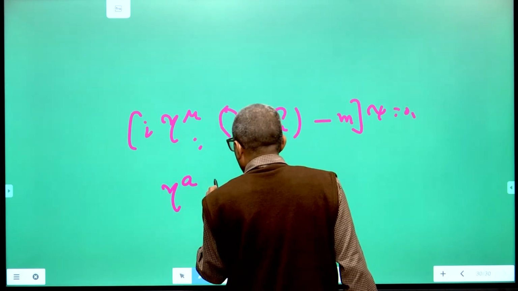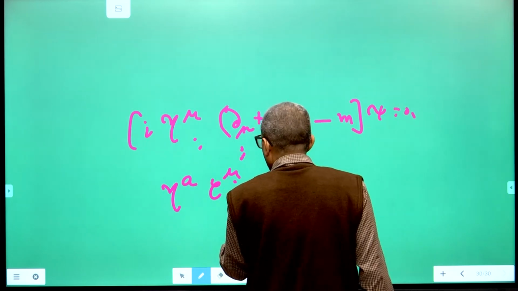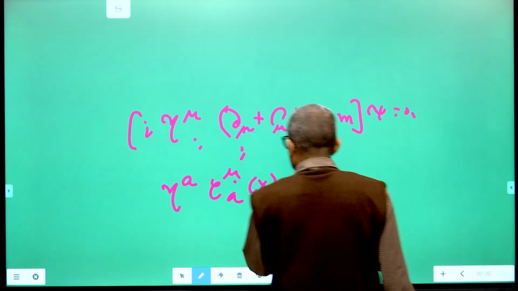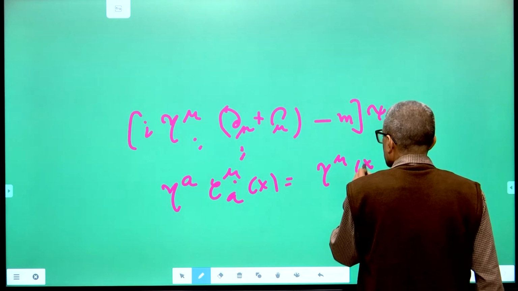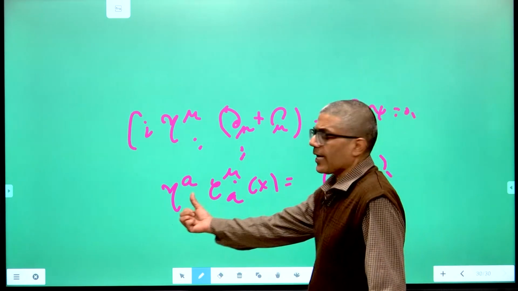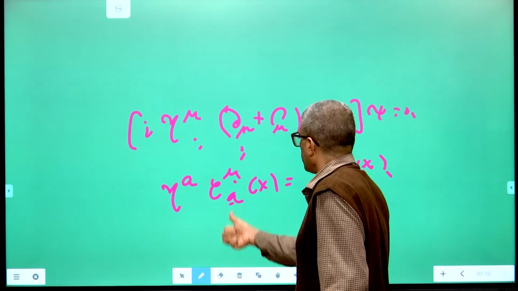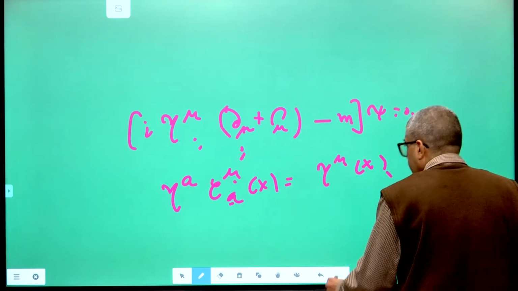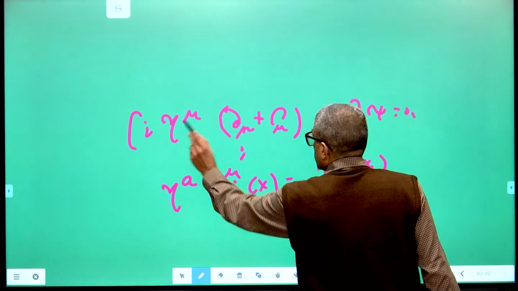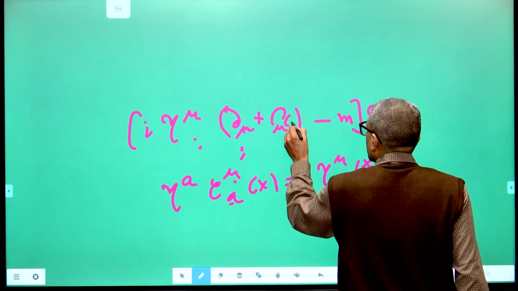Obviously you should take γ^A e_A^μ, where e_A^μ is a tetrad. This is to be interpreted as γ^μ(x), because the γ^A are the constant Dirac matrices, and they correspond to Lorentz indices. So if you want a diffeomorphism invariant theory, you must use this in place of γ^μ, and you must also use the connection here.